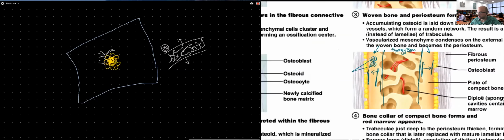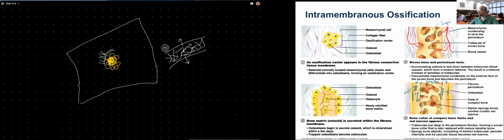So again, what do we call this ossification? It's my intramembranous ossification, and this is the type of ossification that I have in my flat bones.